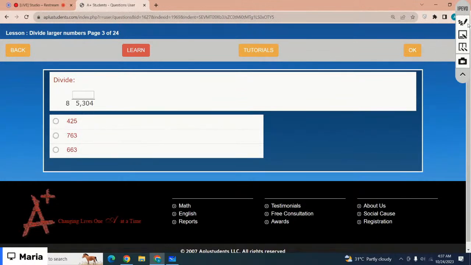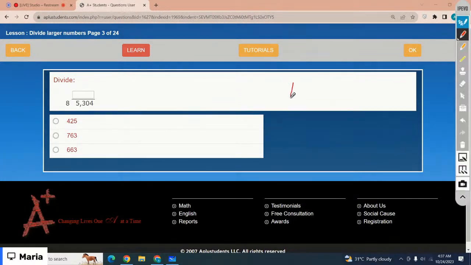The next one is 5304. Let's just divide it by 8. Okay, so you need to count 8 until 53. 8 times 7 is 56. We can go for 8 times 6. 8 times 6 is 48, right?